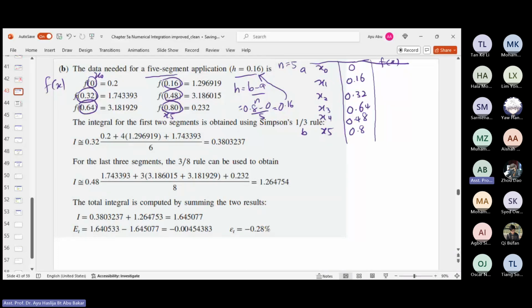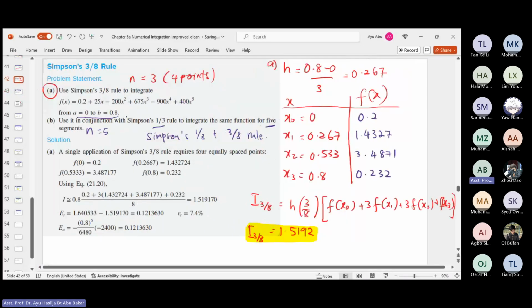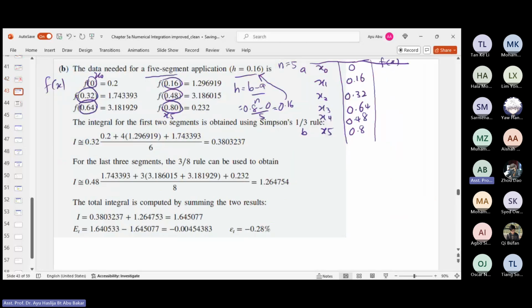You input x in the earlier equation, using the same equation, and you will get this value. So I just copy it over here.